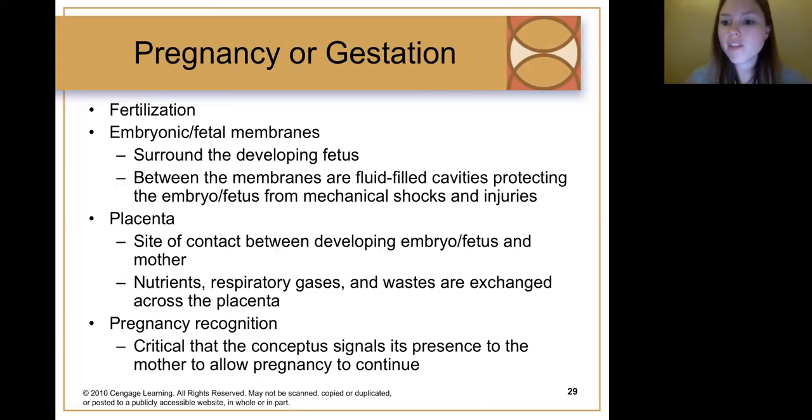Once that fetus develops, it has to signal back to the mother that pregnancy has occurred so that the corpus luteum will remain and progesterone will be produced to maintain that pregnancy to term. And other things in the reproductive tract will also start happening to maintain that pregnancy. Pregnancy recognition is an extremely critical process of pregnancy and gestation.